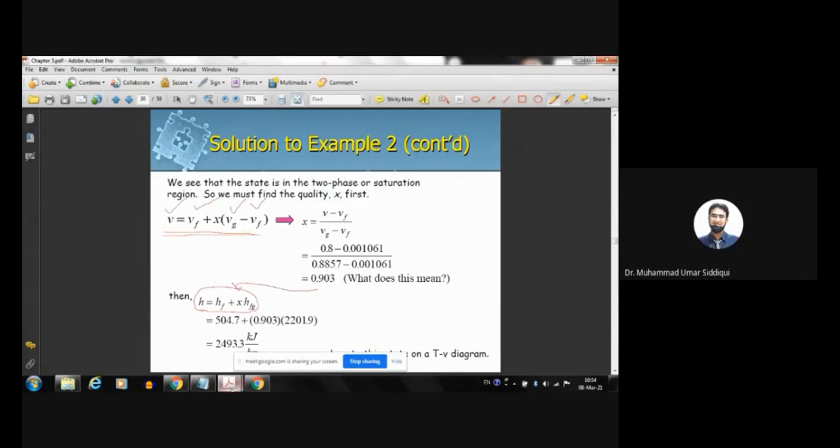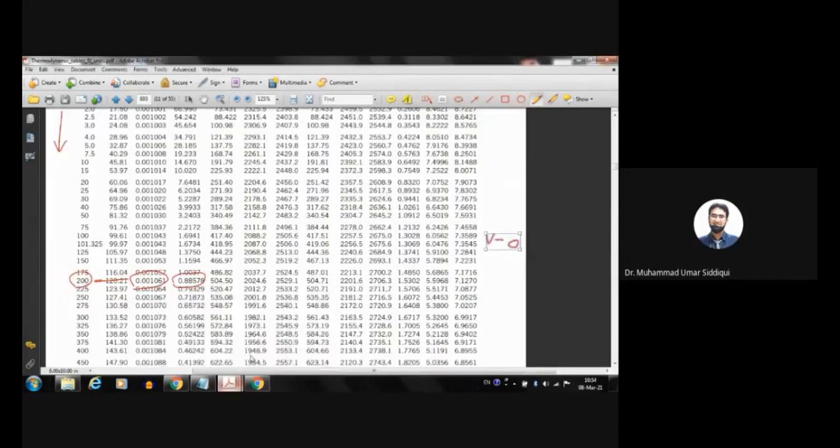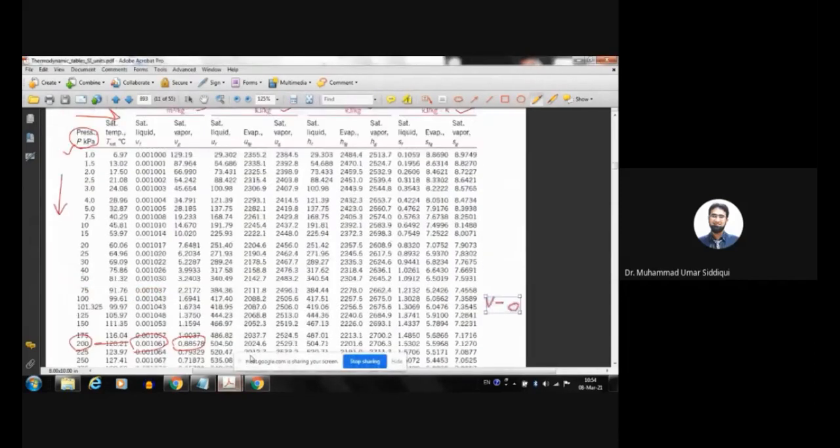HF and HFG values we can directly get from the table. This will be the HF, this will be HFG, this will be HG.